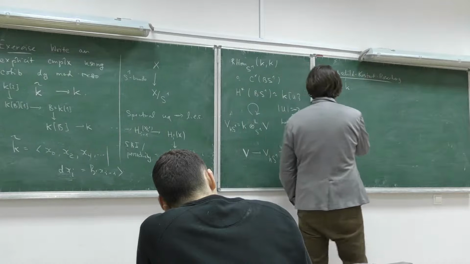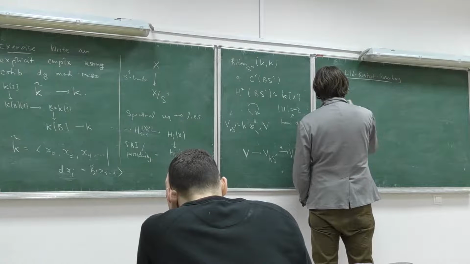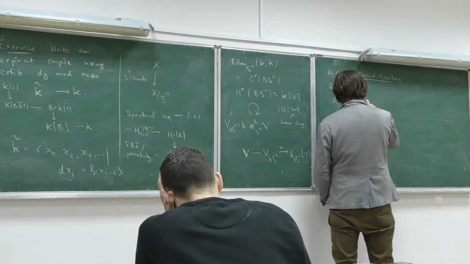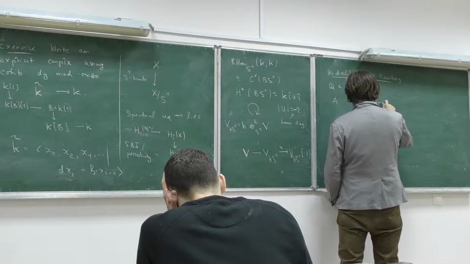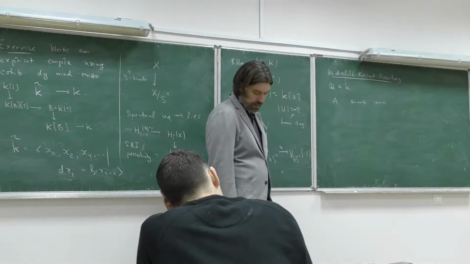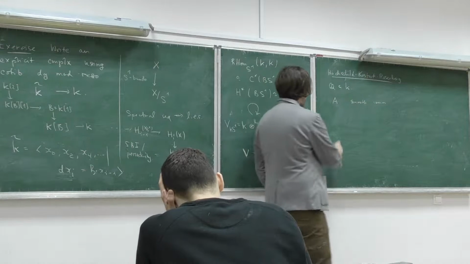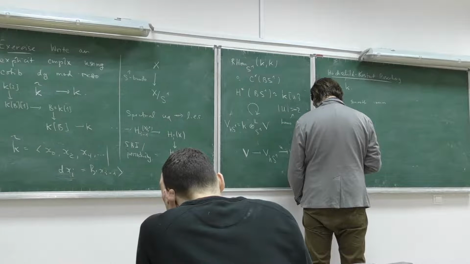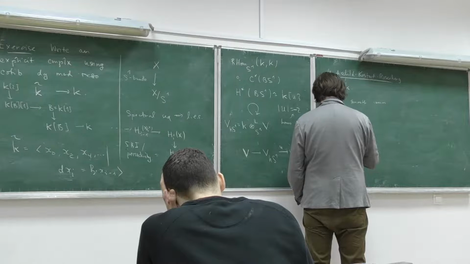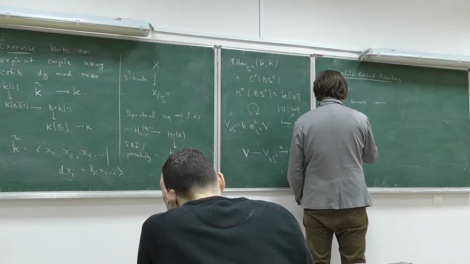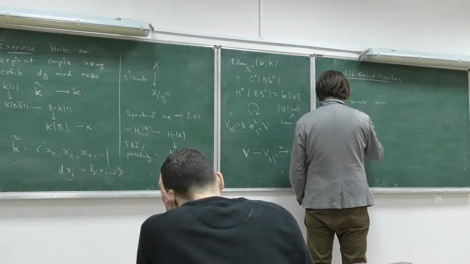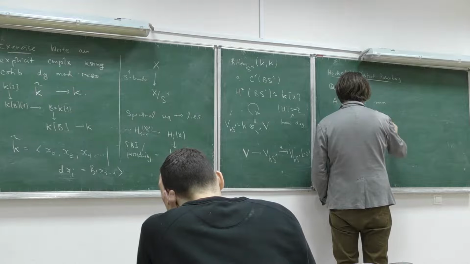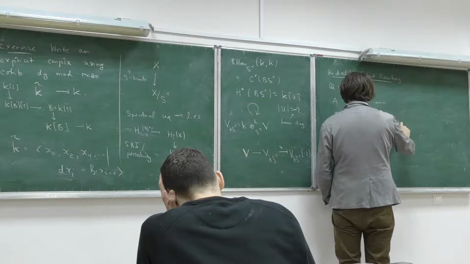And suppose A is either smooth commutative, or more generally it could be, what do you call it? Quasi-free connective CDGA.